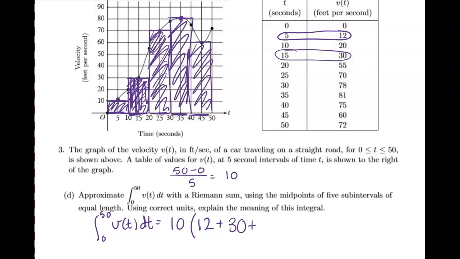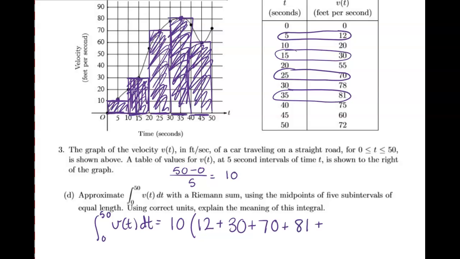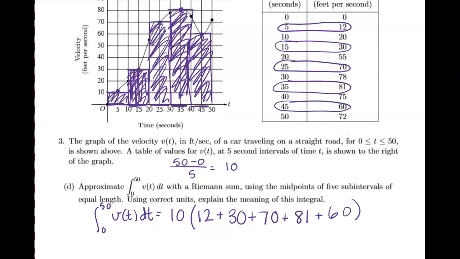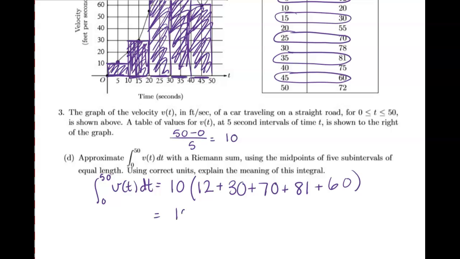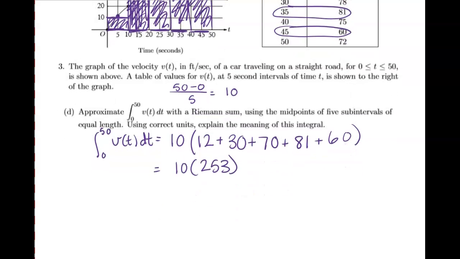At 25, for that rectangle, our height is 70. At 35, our height is 81. And at 45, our height is 60. So we end up with 10 times 253, which is 2,530 feet.